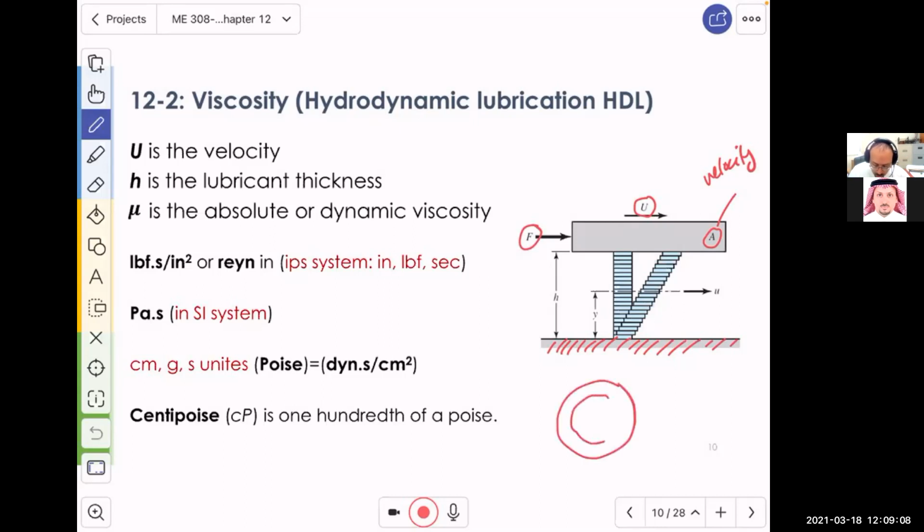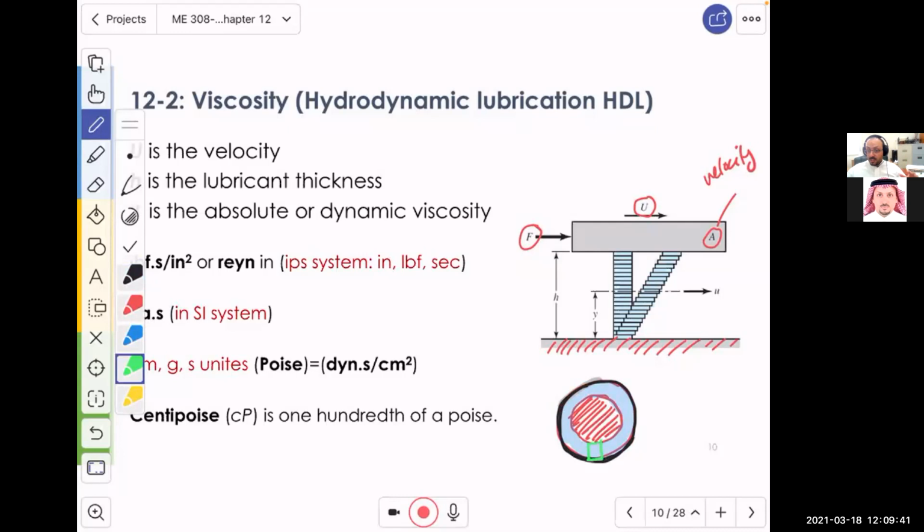Now, if you imagine that this is the journal, then this is the fluid, which is the lubricant. And this is the bearing. So basically, what are we doing here? We are just going to take a little slice of this.